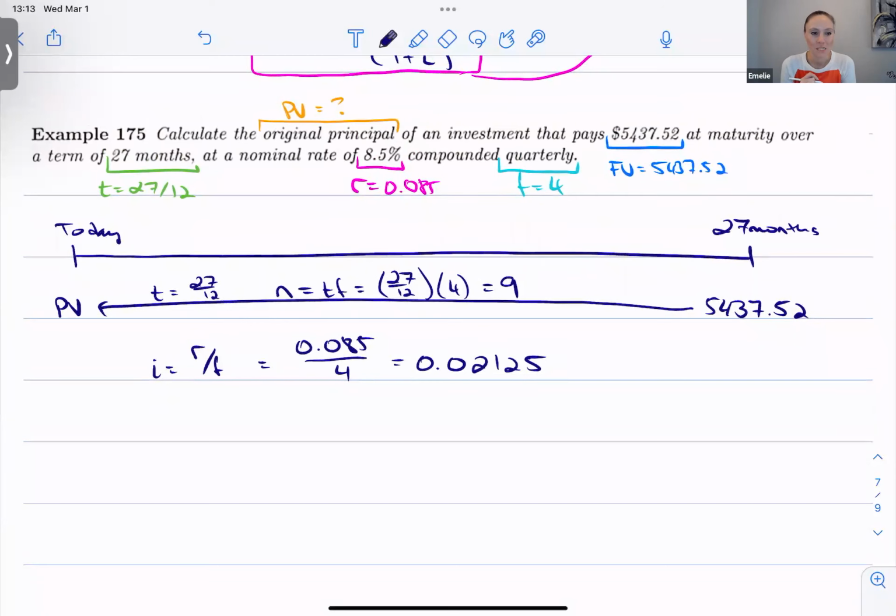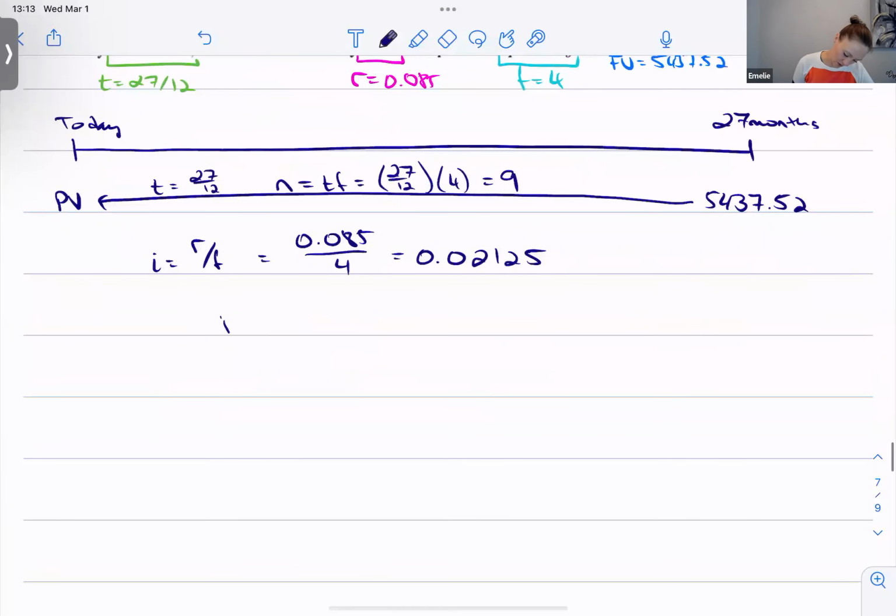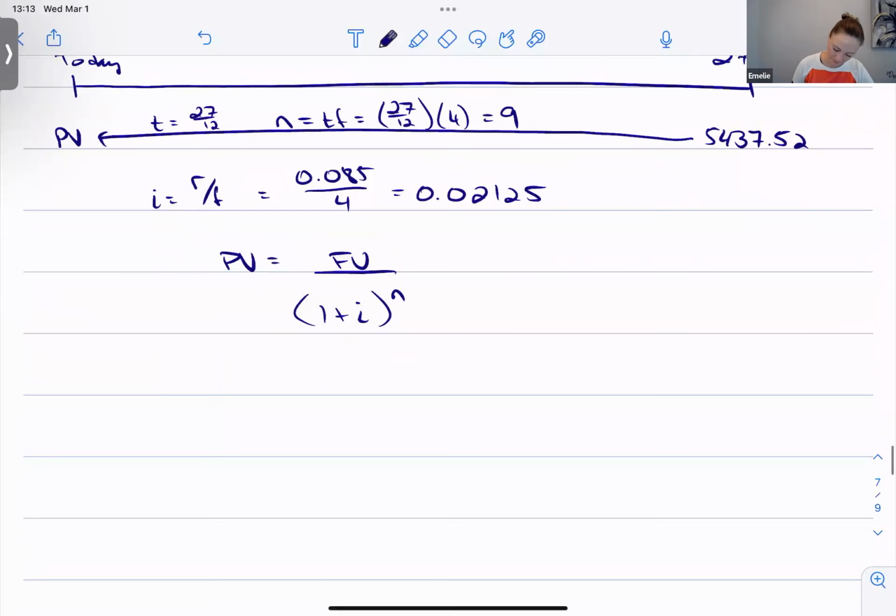Okay. So now we can just use the formula that we derived for the present value, right? Remembering that you want to solve for the present value, or you can just use the original formula and rearrange it. That's fine too. But let's just go to the PV is the future value over 1 plus I to the power of n.